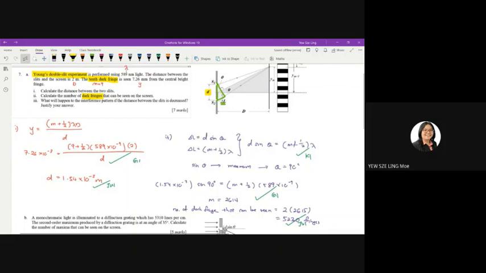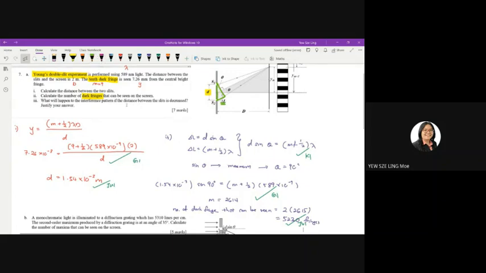First order equals 2 fringes, and then second order 3 fringes. That's why when you have 2614 order, it means you have 2615 fringes on one side. So in total, the number of fringes that can be seen on the screen: above is 2615, below the central bright fringe is another 2615. Altogether, 5230 fringes.